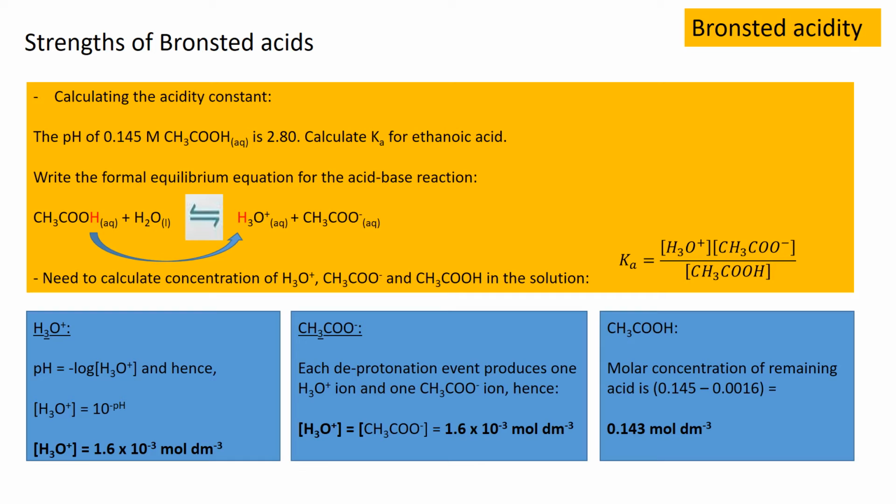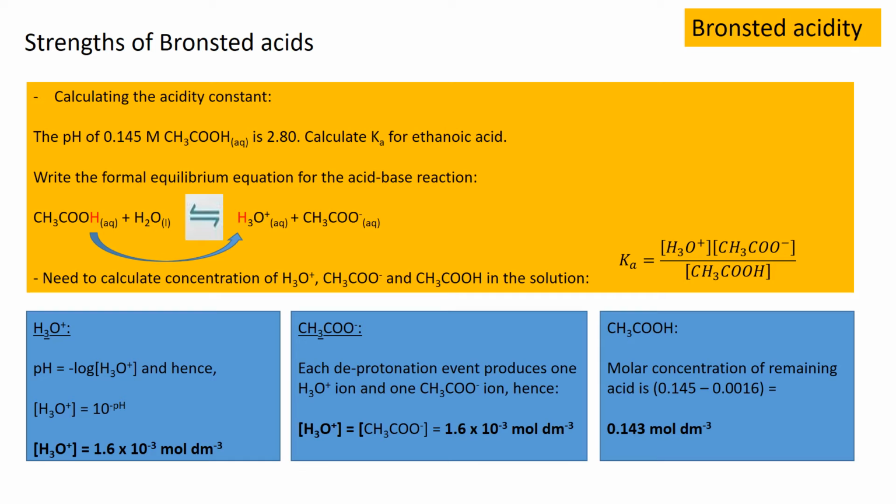And you'll note that in order to calculate the acidity constant, we need to calculate the concentration of H3O plus, the concentration of deprotonated ethanoic acid, and the concentration of ethanoic acid in this solution. And remember, this is at equilibrium. Let's start in the blue boxes then, in the far left-hand side.